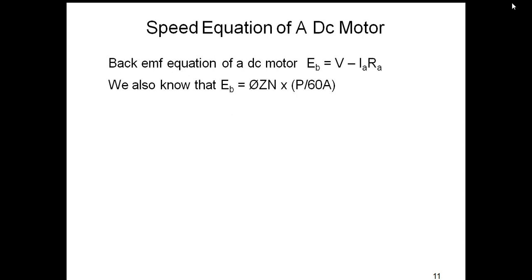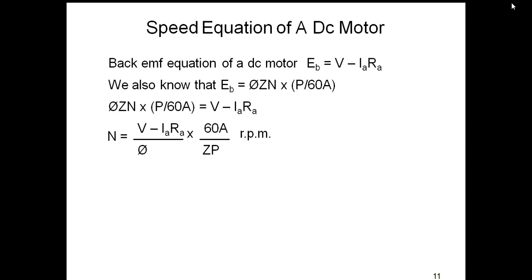On equating the above two, we get phi Zn into P by 60A is equal to V minus IA RA.